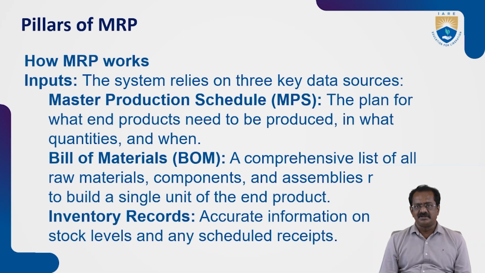Next one is inventory records. We need to maintain accurate inventory stock levels and schedule every scheduled receipt. Scheduled receipt is nothing but the supervisor comes to the inventory and, based on the work order, takes the material from the inventory and carries it to the workshop.